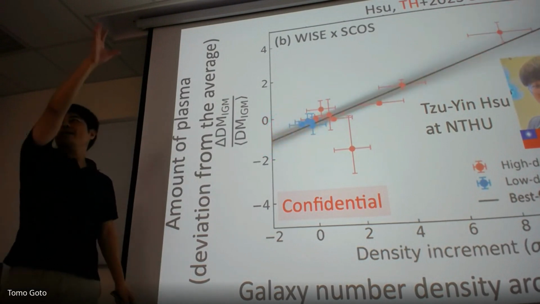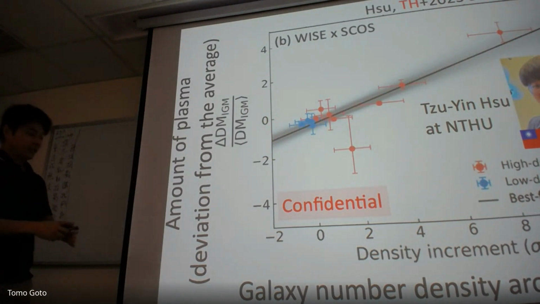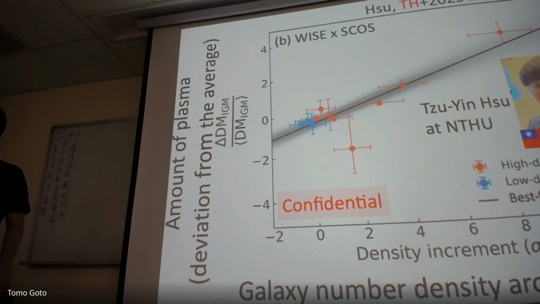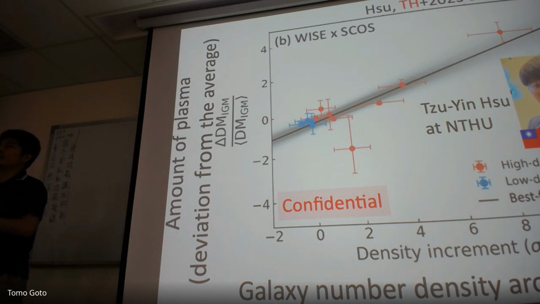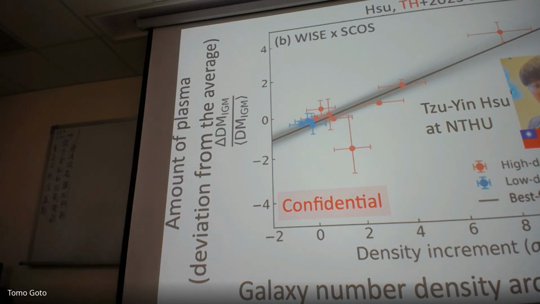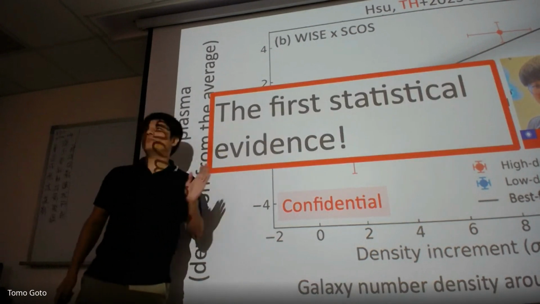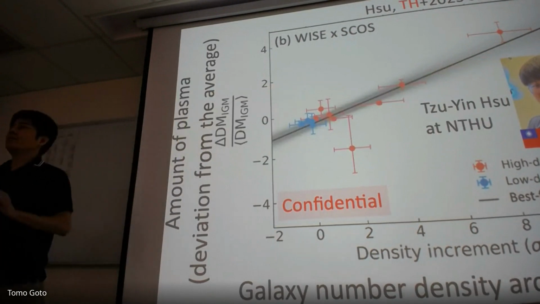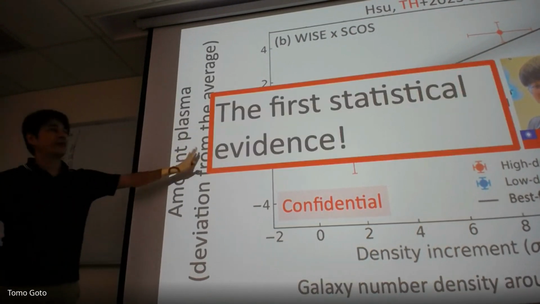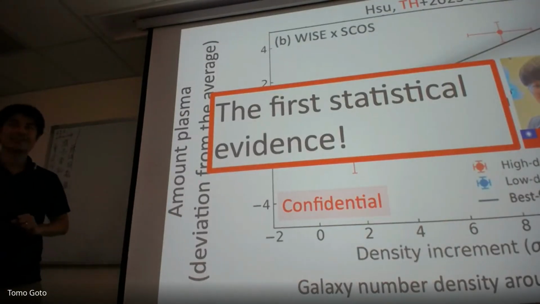But if you look at less dense regions in the universe, there are fewer galaxies, and the missing baryons are also less. This is really natural, because if you have more material, then you expect more missing baryons over there. It was theoretically predicted a long time ago, but this is the first observational evidence of this fluctuation of missing baryons. So we submitted the paper.